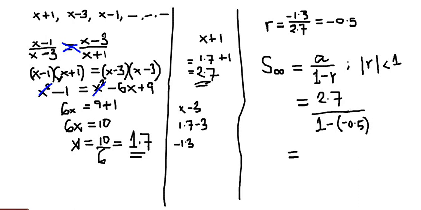So our sum to infinity is 2.7 over 1 plus 0.5, which is 1.5. So 2.7 divided by 1.5 is 1.8. So our sum to infinity is 1.8.